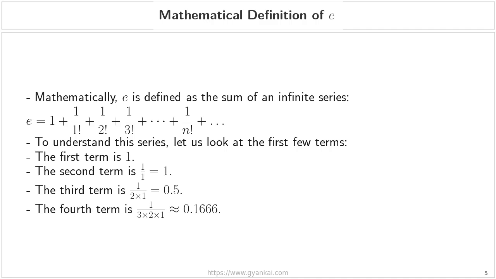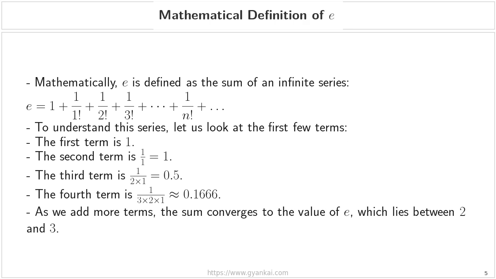And the fourth term is 1 divided by 3 factorial, which is 3 times 2 times 1, giving us approximately 0.1666. As we continue to add more and more of these terms, the total sum converges, or settles, toward the specific value of e. This is why the final value of e lies between 2 and 3. Understanding this mathematical foundation will be very helpful as we move forward to see how this constant appears in real-world continuous growth.